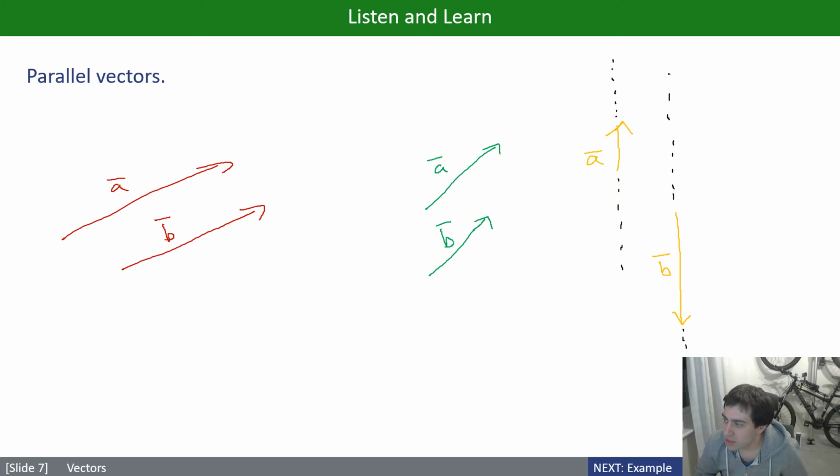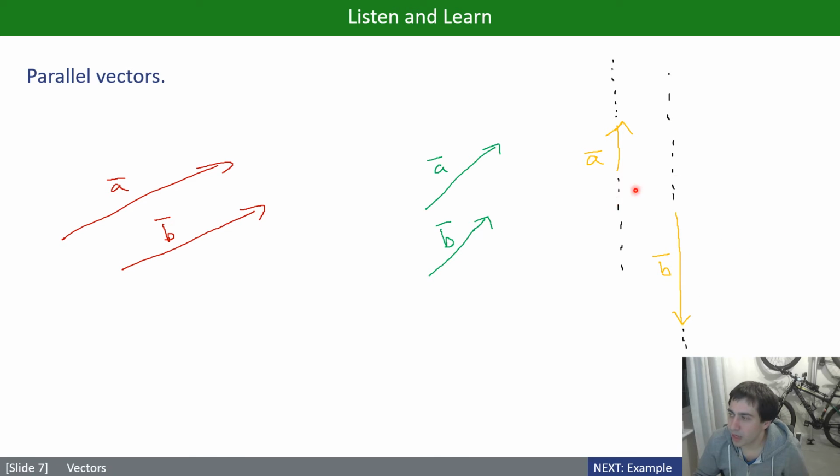And additionally, the magnitude or length of the vector makes no difference. It doesn't matter what the length is. So for instance, with the red pair, I made them almost the same length. Likewise for the green. Then for the third example, I made A and B different lengths, but it doesn't matter.